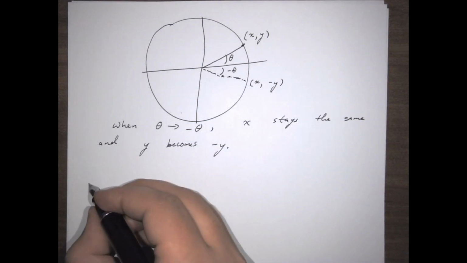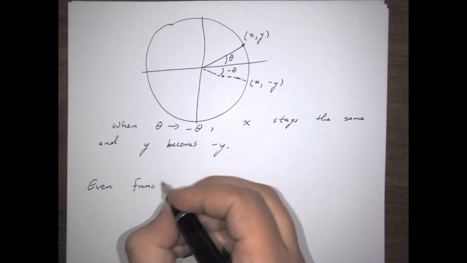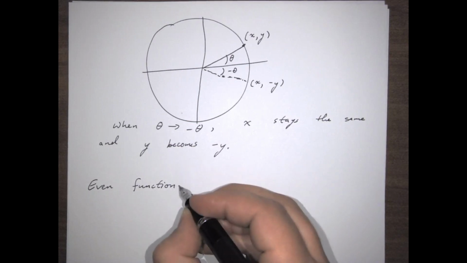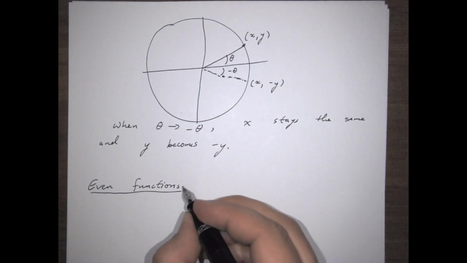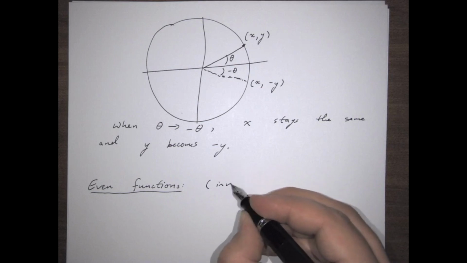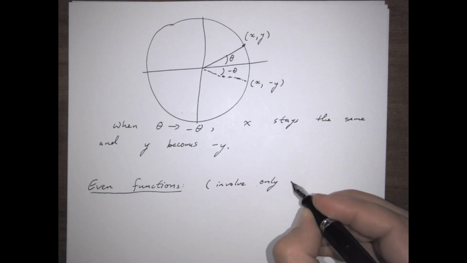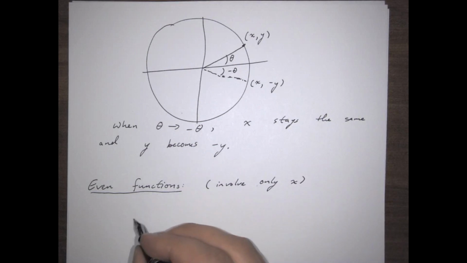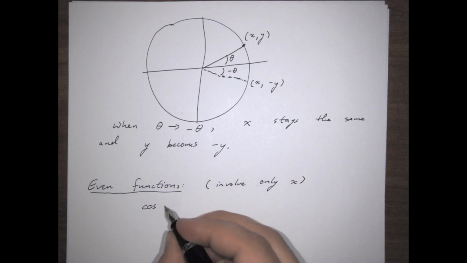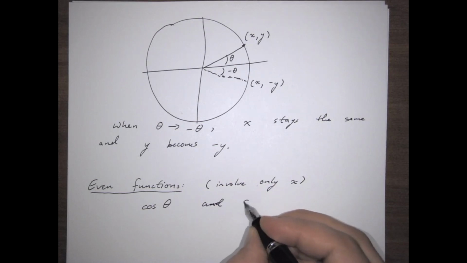So the even functions among the trig functions will be, so these involve only x. So these would be cosine theta, and secant theta.